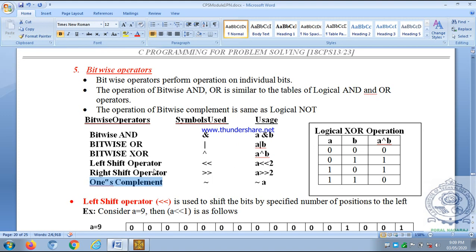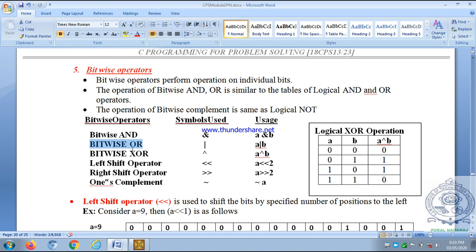Okay. The operations of bitwise AND and bitwise OR are similar to logical AND and logical OR. In bitwise AND also, if both inputs are high, the output is high. In bitwise OR, if both inputs are low, the output is low.